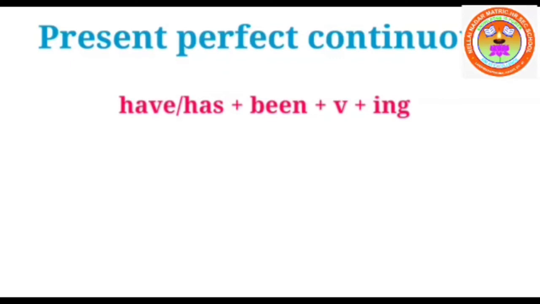For perfect, we have to use been. For present, we have to use have or has. So we can easily get present perfect continuous. When we use have as present, been as perfect, verb plus ing as continuous, we can easily get the present perfect continuous.